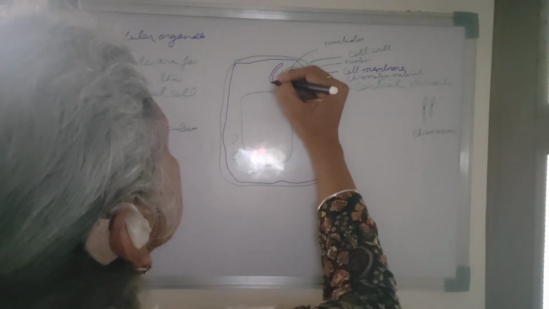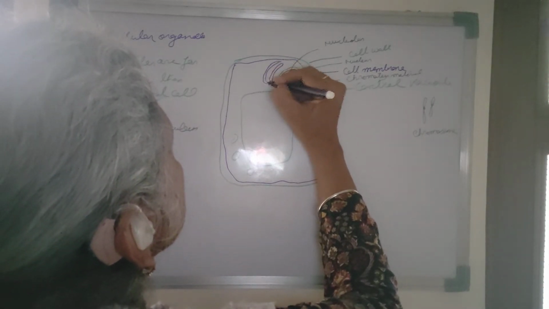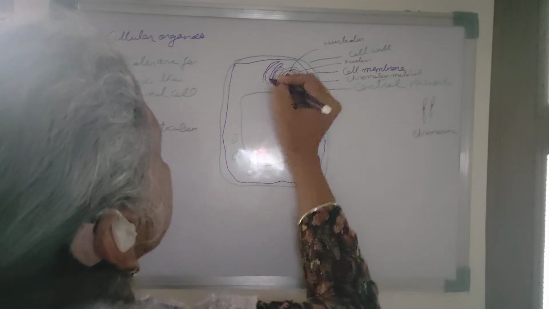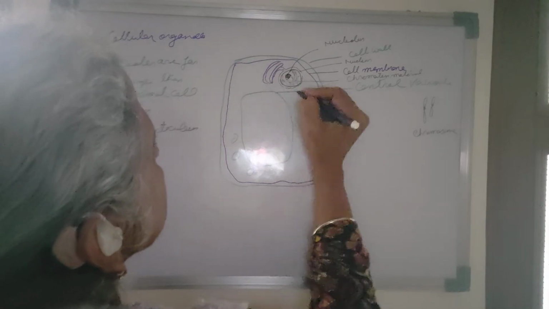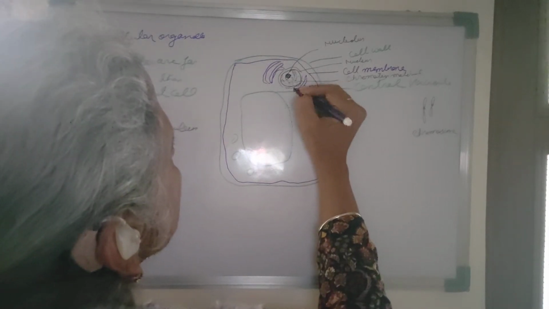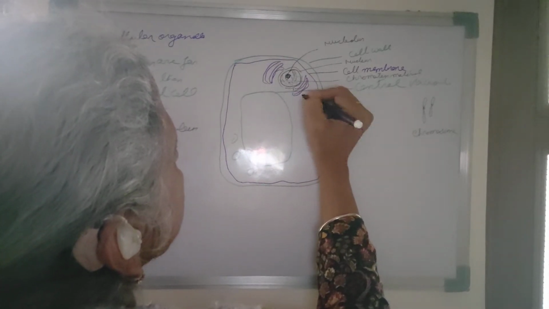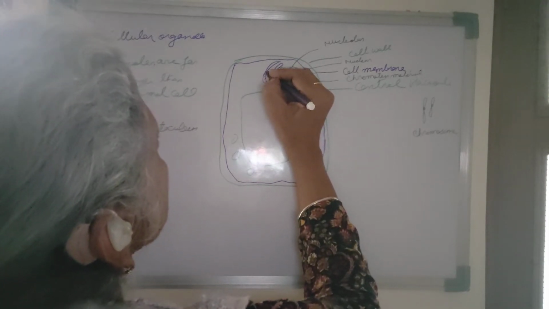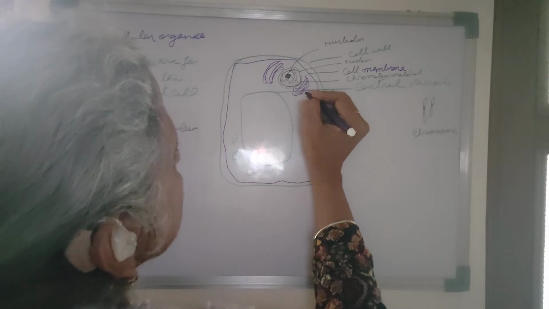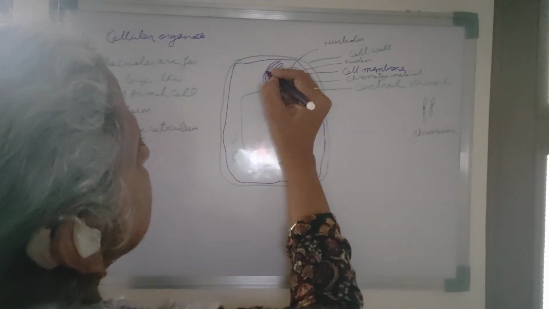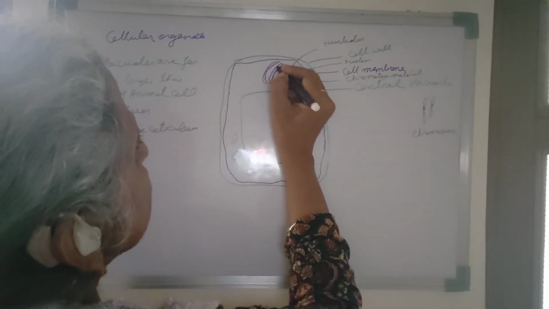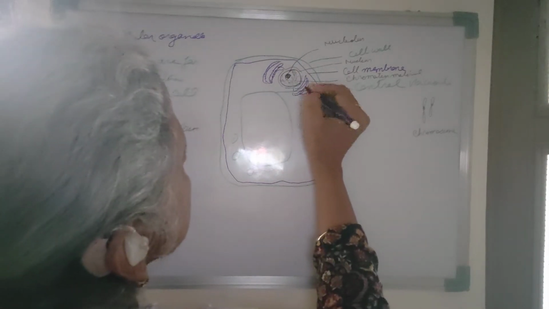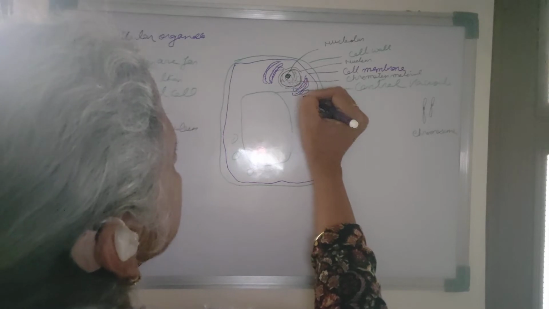They are tube-like structures connected with the nucleus as well, and they are of two types: smooth endoplasmic reticulum and rough endoplasmic reticulum. Smooth endoplasmic reticulum is smooth in appearance, but rough endoplasmic reticulum bears ribosomes on its surface, so it is called the rough endoplasmic reticulum.